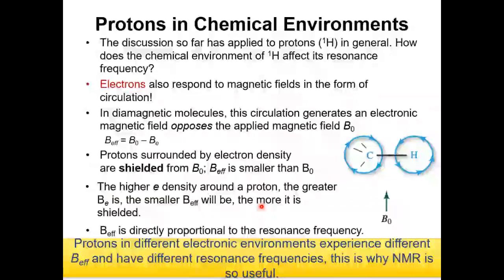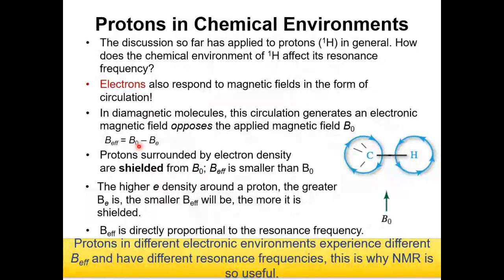So we say that if we have a proton with electrons around it, the proton is shielded by the electrons from the magnetic field. Okay, because due to the presence of electrons, the effective magnetic field experienced by the nucleus is weaker than the external field strength.